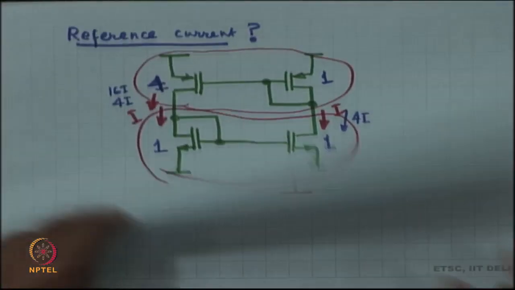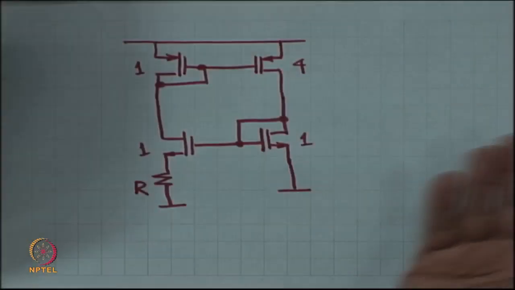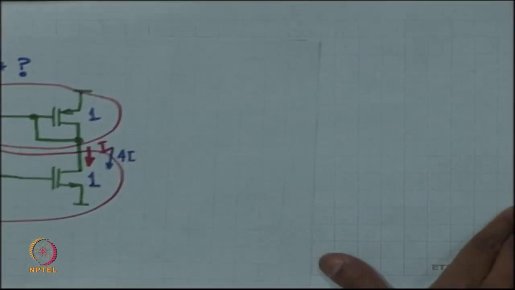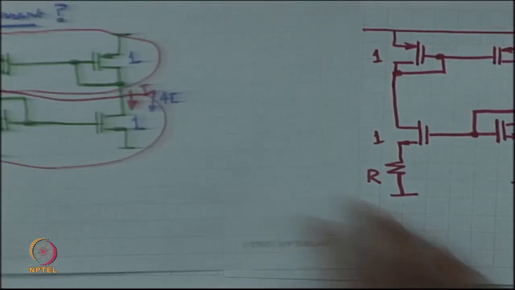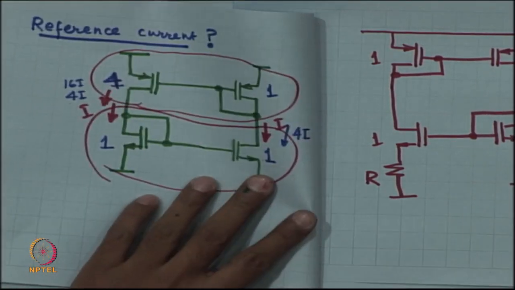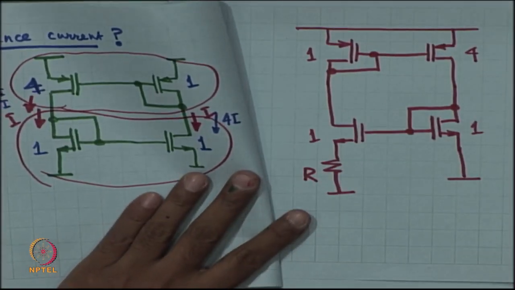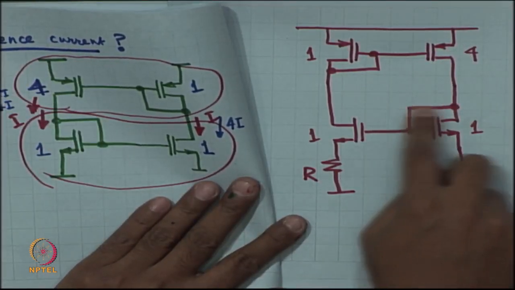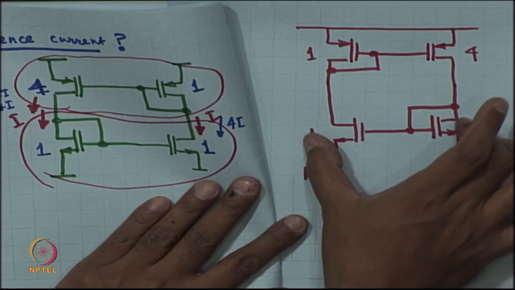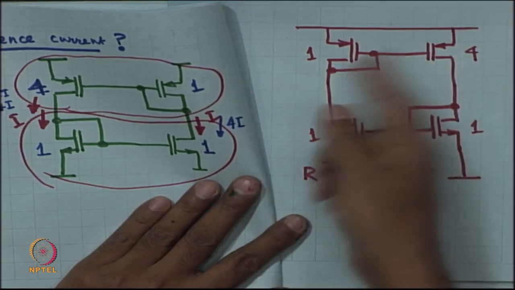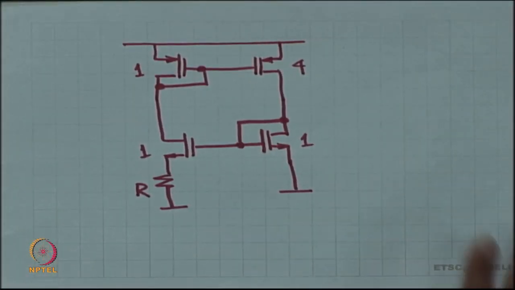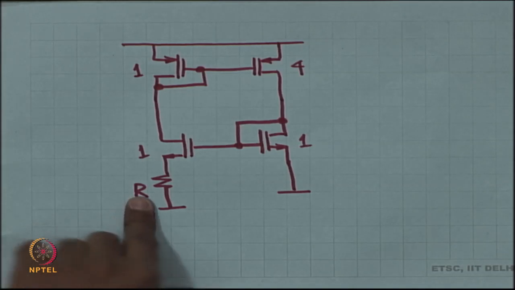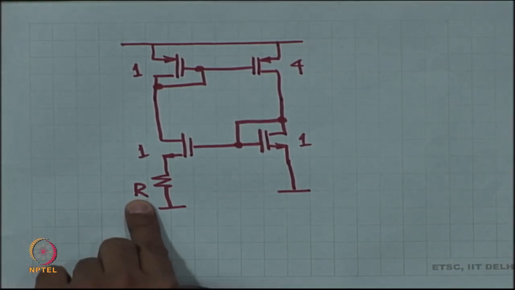In fact, I have drawn it the other way. I have mirrored the circuit around itself, around the vertical axis. Okay. So, these are similar. This has been mirrored like this, right. So, you have got the current mirror now on the other way, right. The PMOS current mirror is the other way. That is okay. It is nothing very significant. It is just a topological representation. But what is more important is that I have added a resistor R over here.